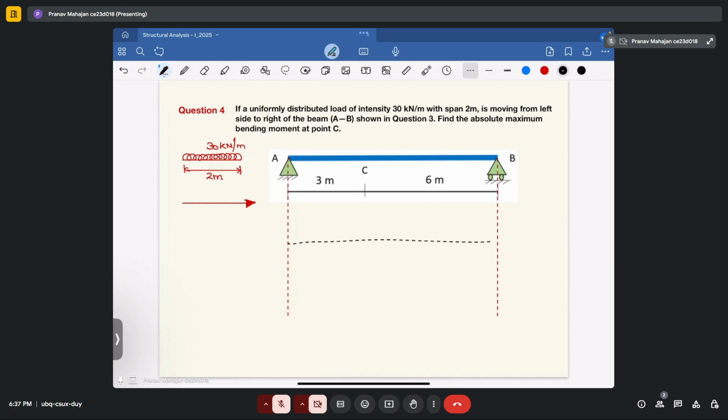If we try to draw the bending moment profile for the beam, it will look like this. So due to concentrated load at point A, let me draw one more line here.